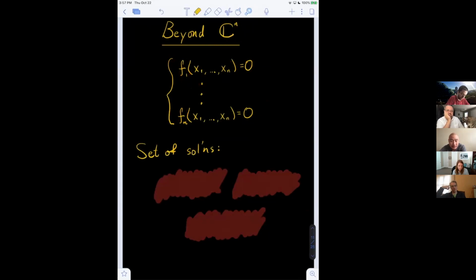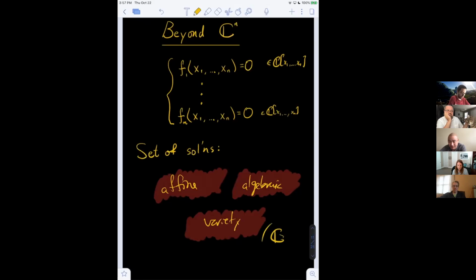These are polynomial equations. And then the set of solutions is called an affine algebraic variety over the complex numbers. You can also look over other fields, as we've already done.